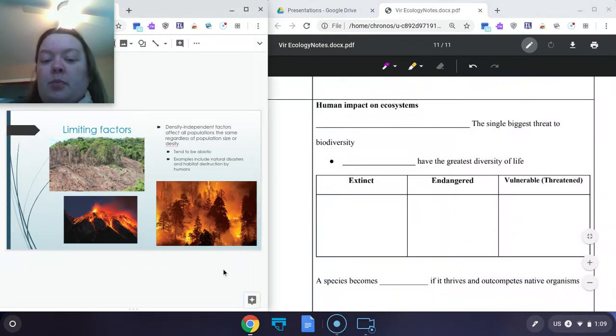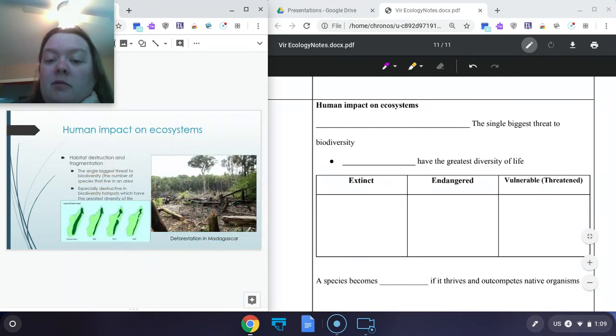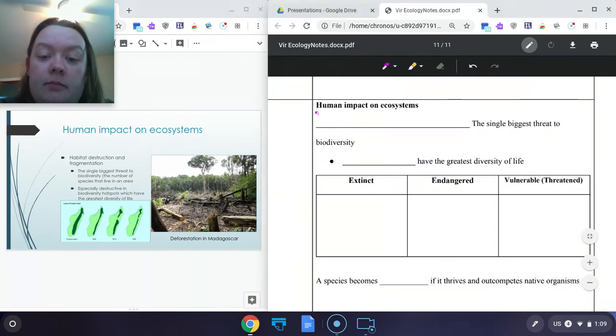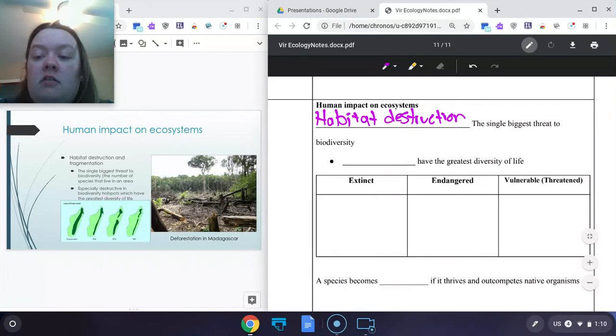Now we're just going to talk a bit more about human impact, because humans can have great effect on populations. Human habitat destruction is going to be the single biggest threat to organisms and biodiversity. Biodiversity means all the different organisms that are able to live in an area.